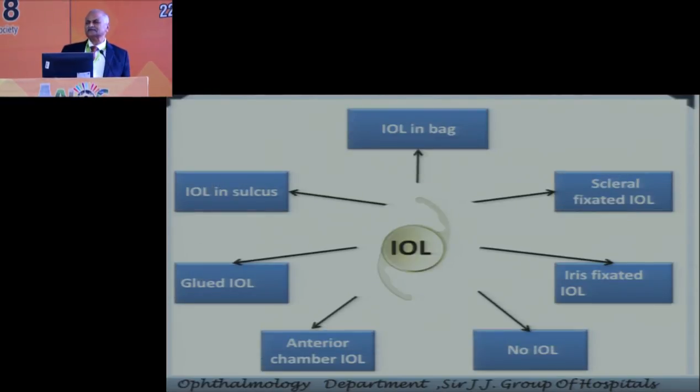Then when you think about what lenses you can use, you can use an IOL in the bag, you can use an IOL in the sulcus, you can use a scleral fixation IOL, or you can use Amar's glued IOL, or the iris fixated IOL. I am against the anterior chamber IOL, because with the anterior chamber IOL the endothelium will definitely be damaged after a few years, and you will have to remove that anterior chamber IOL and also go for keratoplasty.